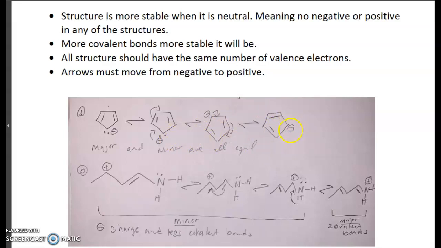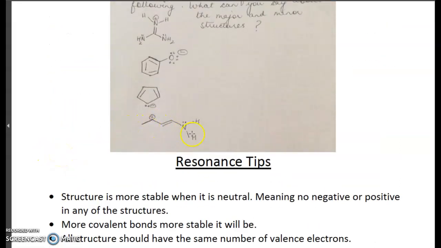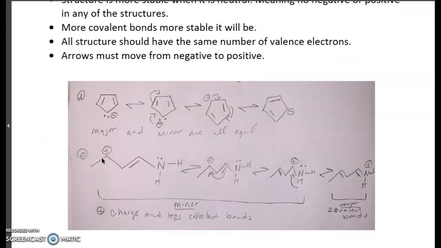So I said that the major or minor are all equal in the valence shell because none of them has really changed anything. It's just trying to move this negative electron over so it could be more stable.